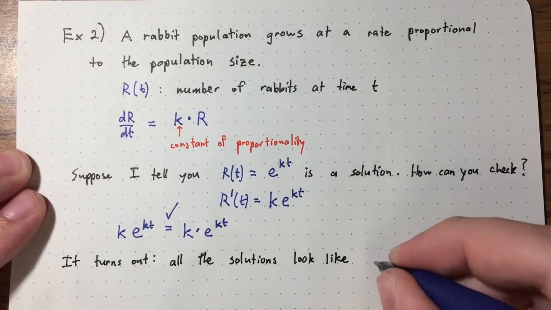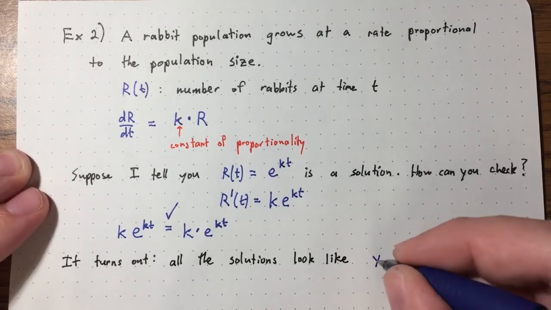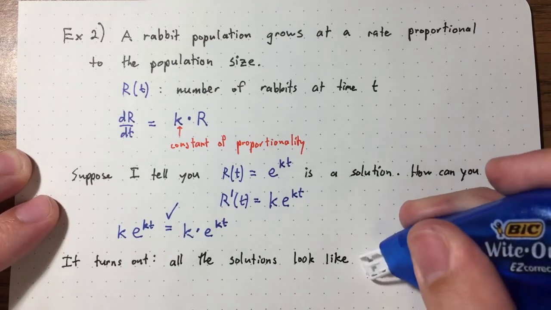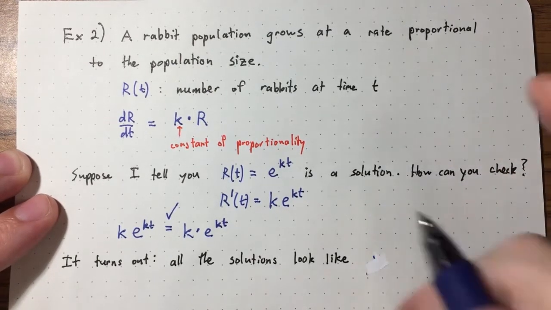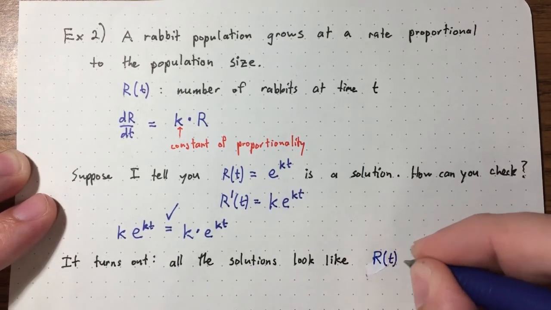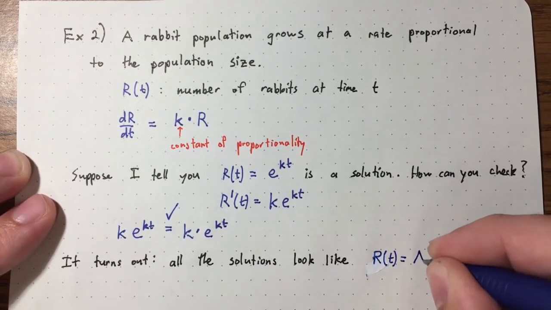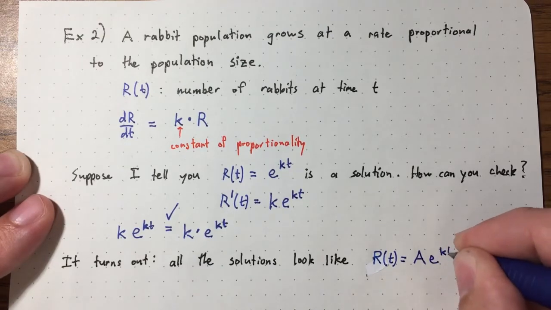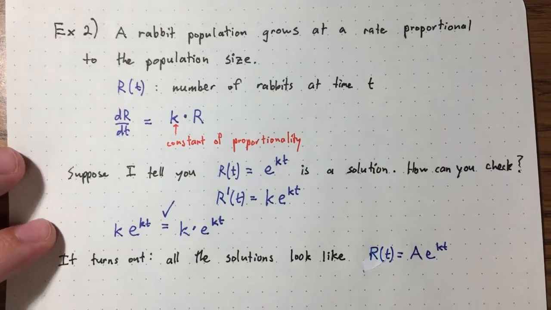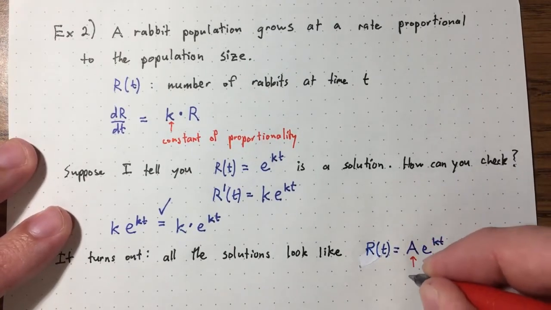So in particular, they have the form r of t equals a times e to the kt, where a is any constant. Okay, so this is any number.